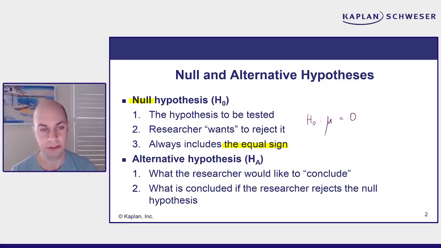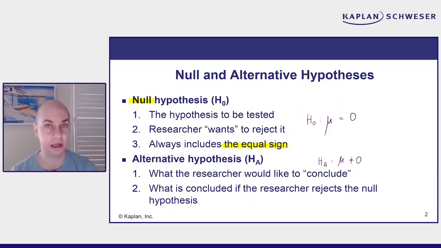Now, of course, if you reverse the argument, the alternative hypothesis must be the hypothesis that the researcher would like to conclude, and it's also the one that must contain all remaining states of the world. So because our null said the mean is equal to 0, then the alternative must say that the mean is different from 0.